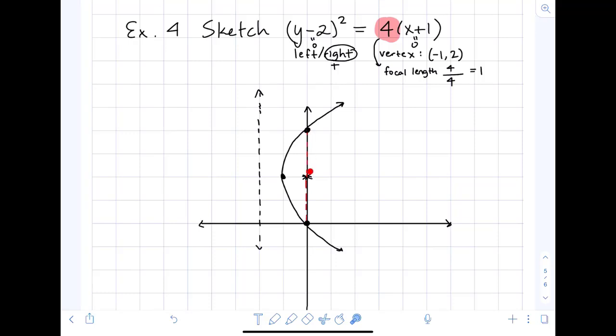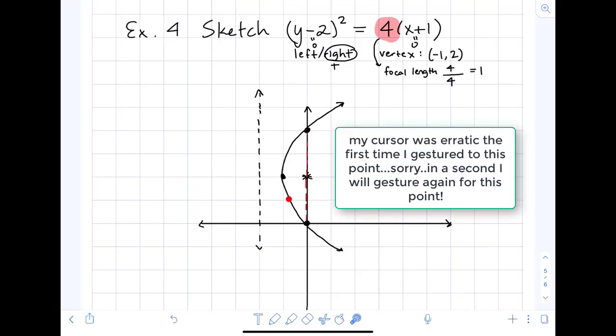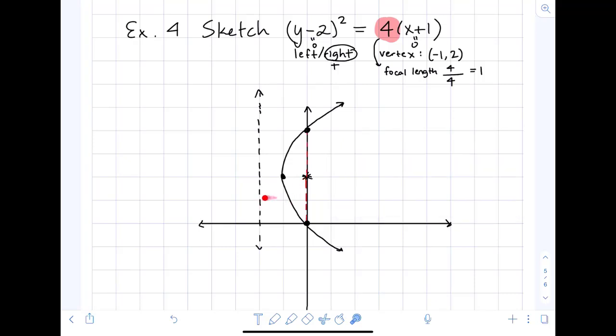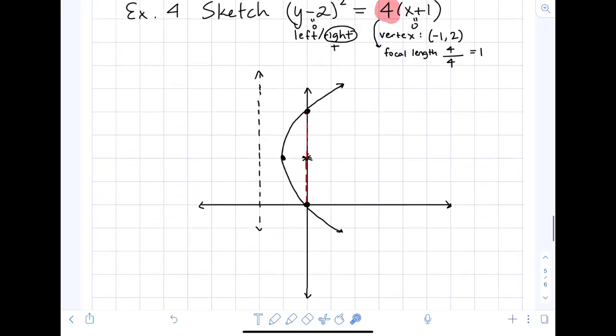So if I look at a point, the distance from the point on the parabola to the focus is the same as the length to the directrix, if I just drop it down vertically.